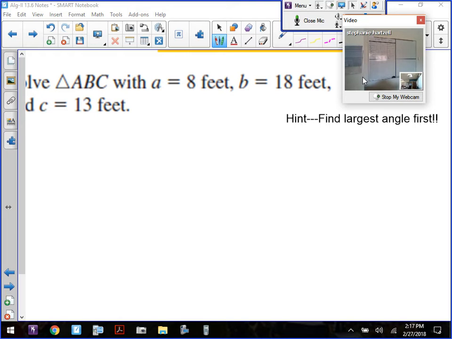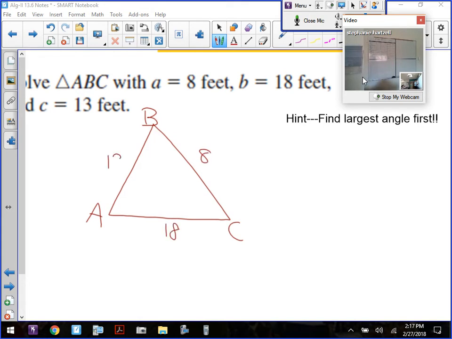I'll show you. Okay. First thing you do, obviously, draw the picture. We have triangle ABC. You've got side A at 8, side B at 18, and side C at 13. Little a is 8, little b is 18, little c is 13.